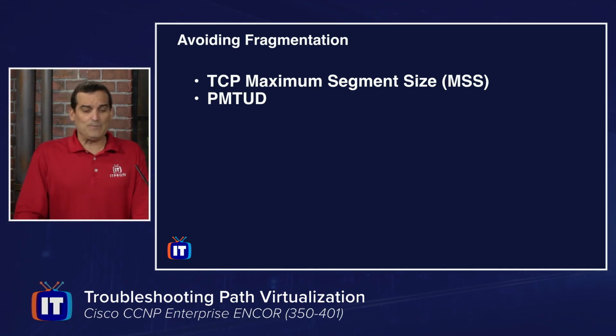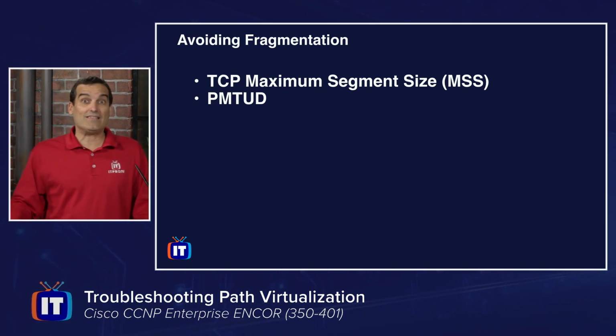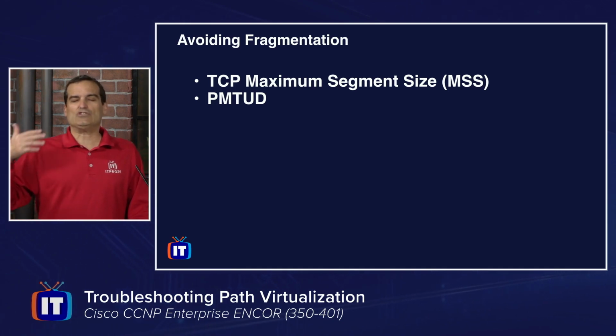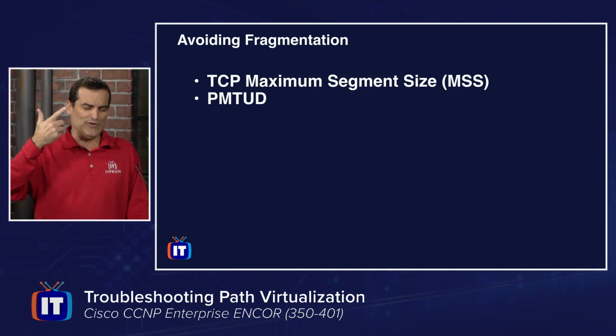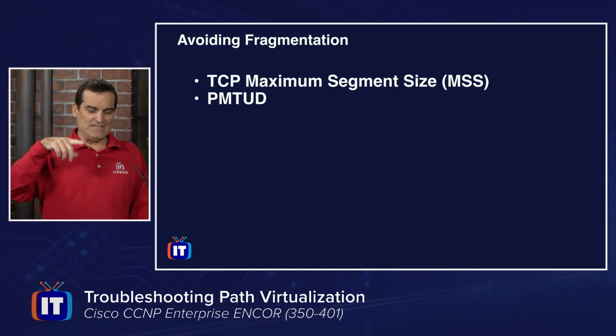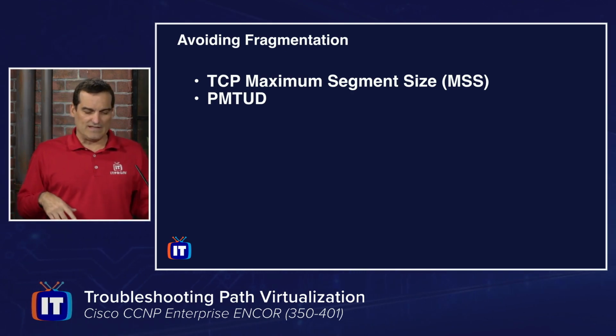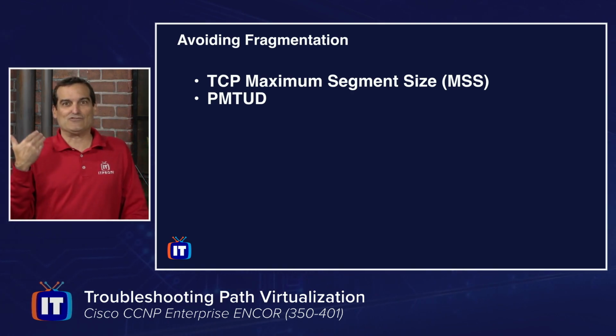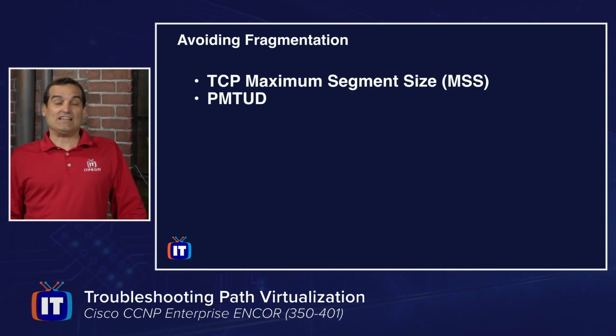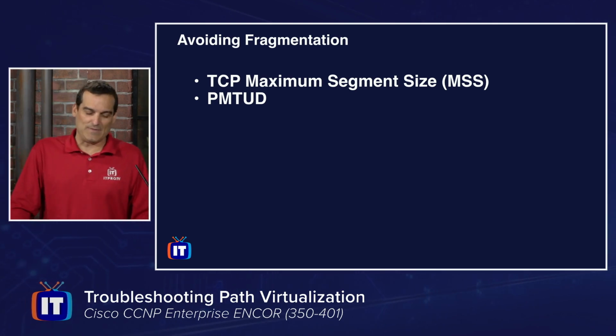And that's where you have PMTUD technology, which is the path maximum transmission unit detection, I believe that stands for. In fact, Ronnie, if you don't mind looking up PMTUD, you know me. One of the things I struggle with is remembering the exact acronym meaning, but I think it is Path MTU Discovery.